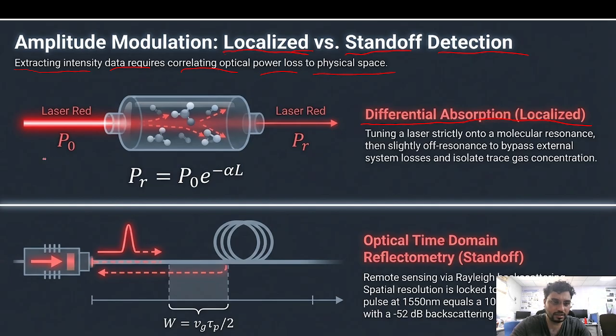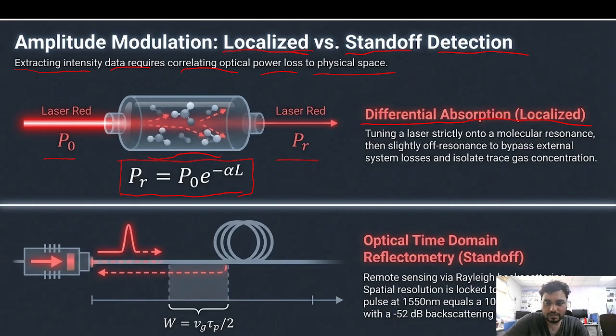You can see here the red laser with P naught intensity coming inside the chamber where gas molecules are present. The absorption follows the Beer-Lambert law, and the outgoing laser intensity can be easily calculated. This is one example of localized detection.